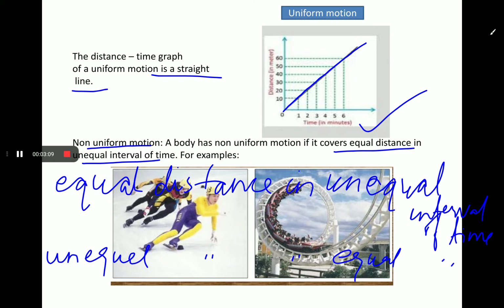These are the two cases in which we say that the body is in non-uniform motion. Here are two examples you can also see for non-uniform motion.